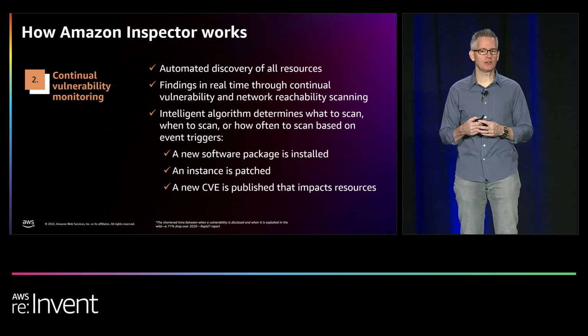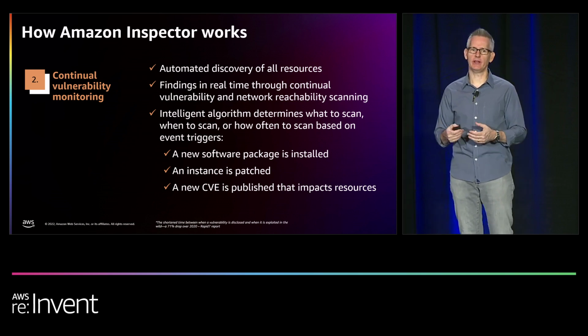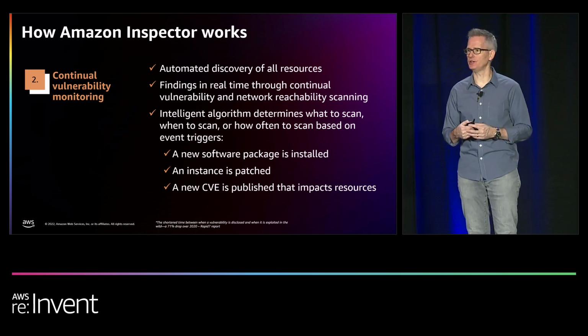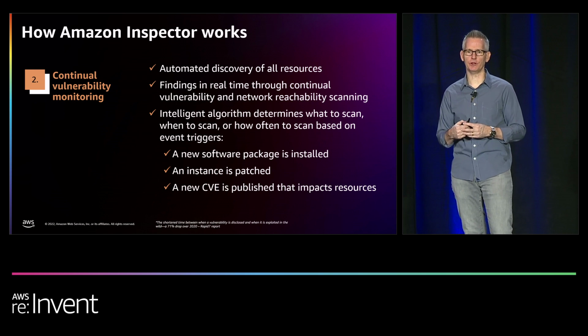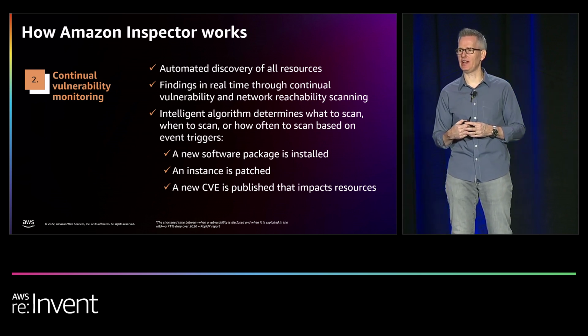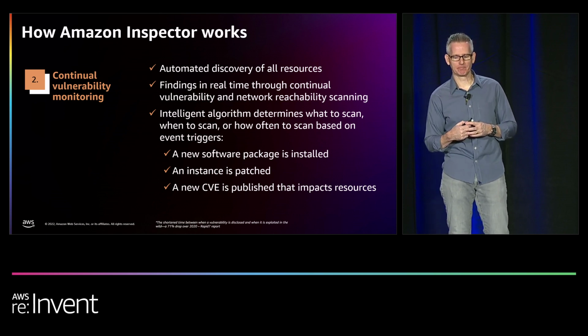Also, if you patch your resources, Amazon Inspector is aware. It will go in, it will reassess, it will see that you've remediated your issue, and it will close the findings for you. So constantly when you go and look at Inspector, you're seeing the state of your resources as they are at that moment.